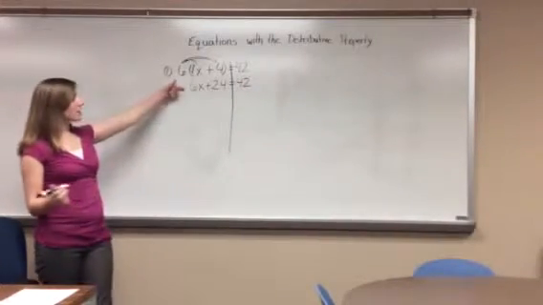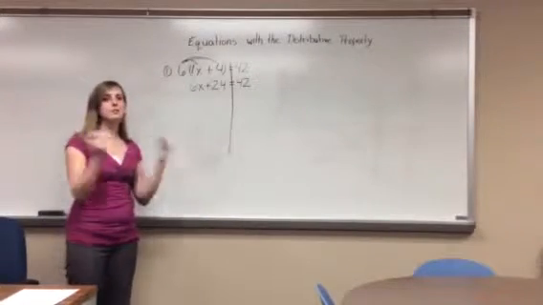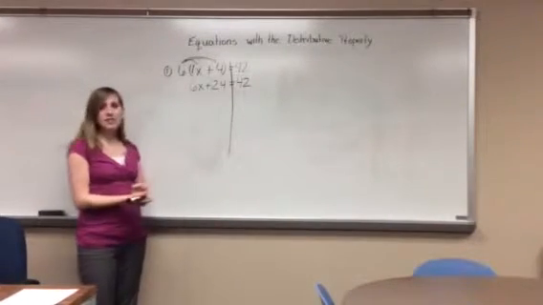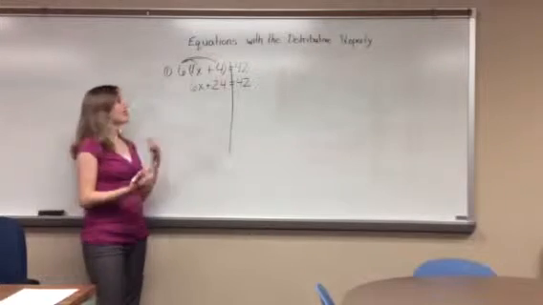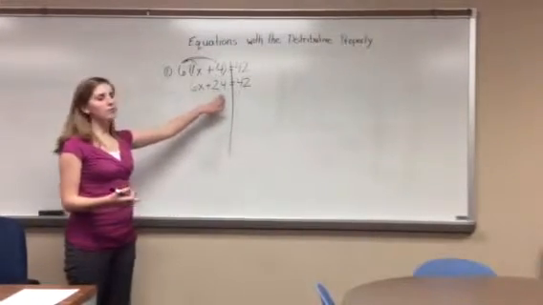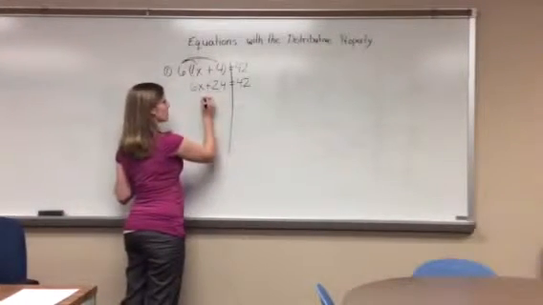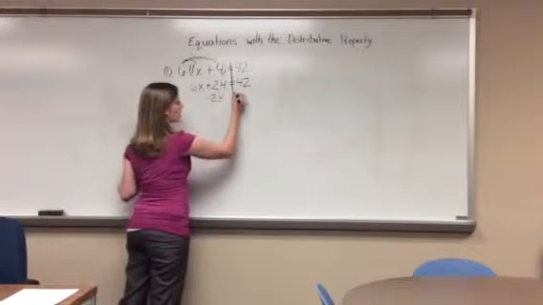At this point, now that the parentheses are gone, it's just a two-step equation. So we go back to the same rules that we learned before. Cancel out the addition and subtraction first, and then the multiplication and the division. I'm adding a 24, so I need to cancel that first. To cancel out plus 24, we just subtract 24 on both sides.